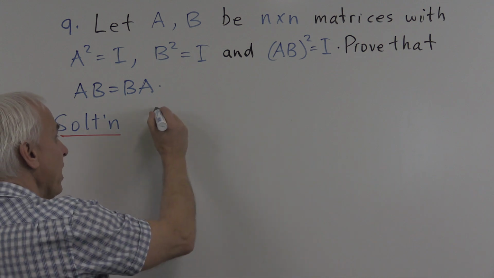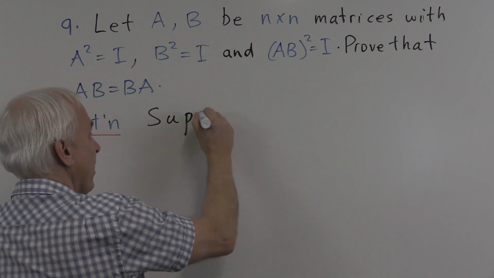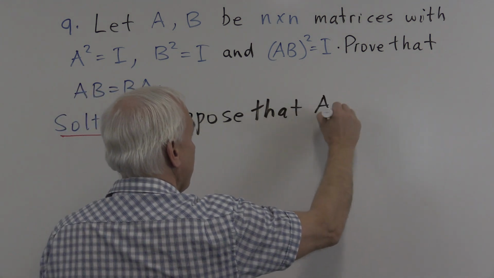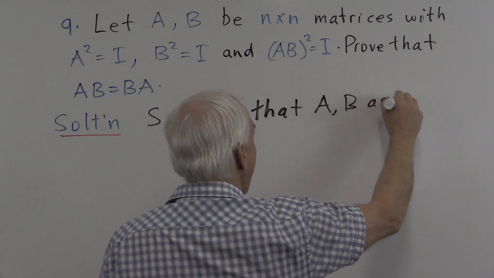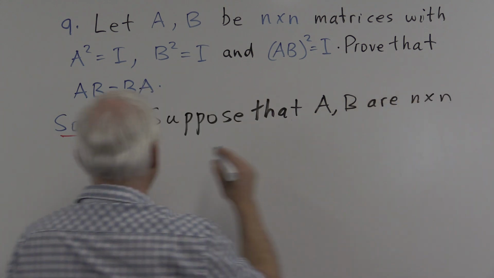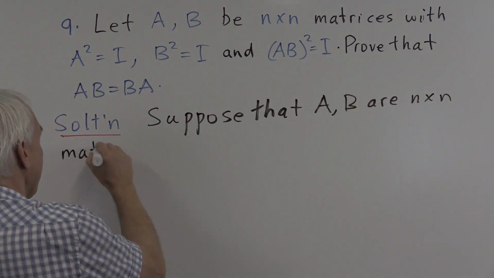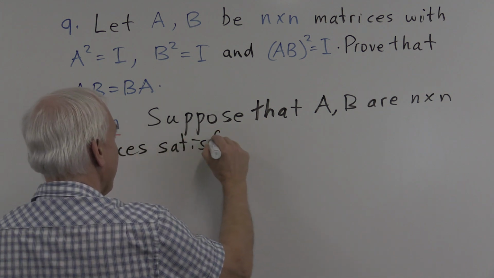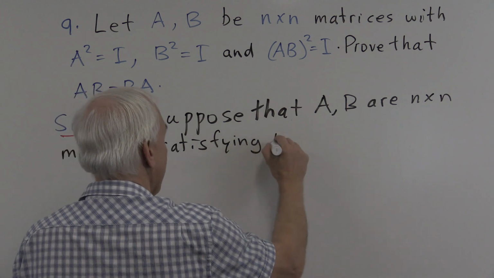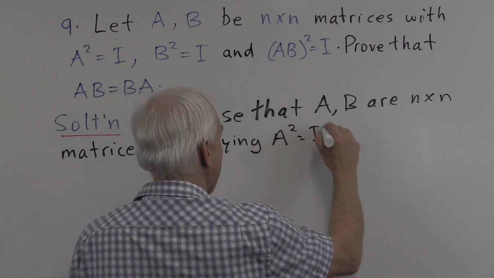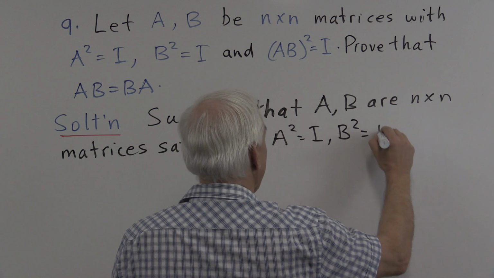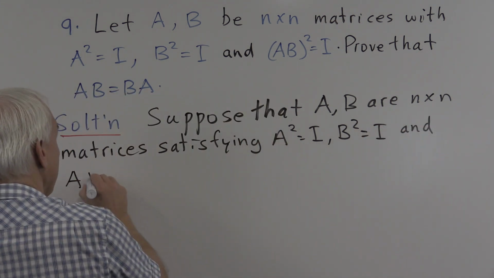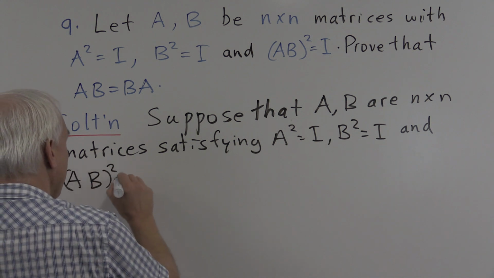So let's start by supposing that A and B are n by n matrices satisfying A squared equals the identity, B squared equals the identity, and (AB) squared equals the identity.